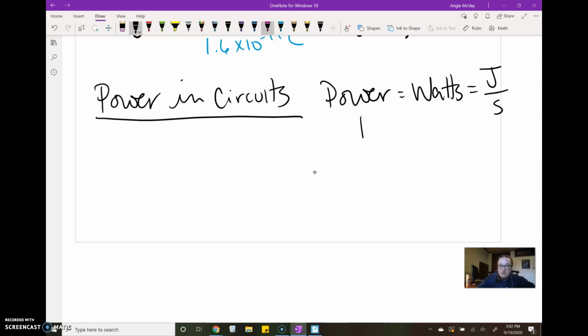The general equation for power is work done, or the change in energy per unit time. For electric circuits, there are actually 3 equations. Power equals current times voltage.